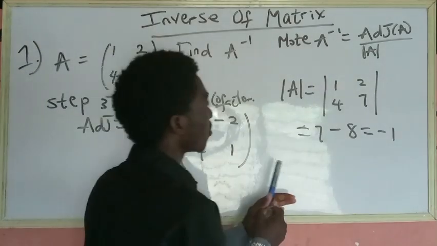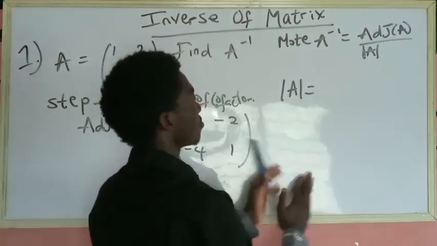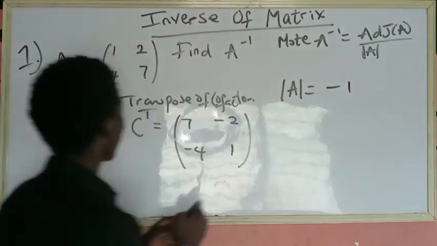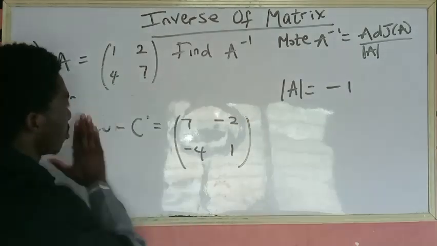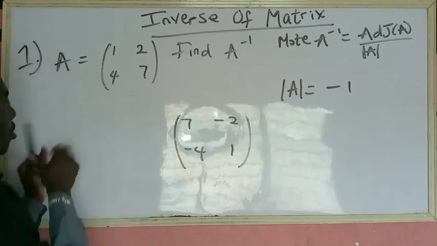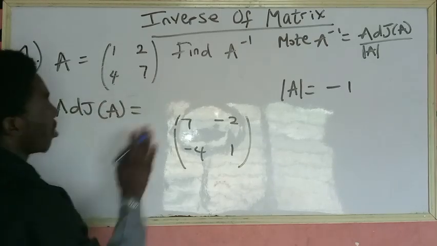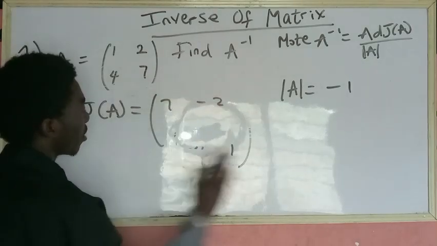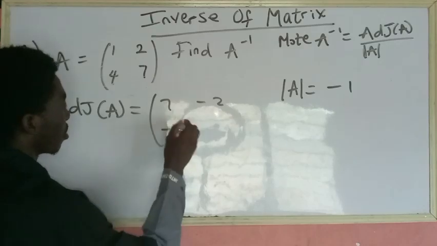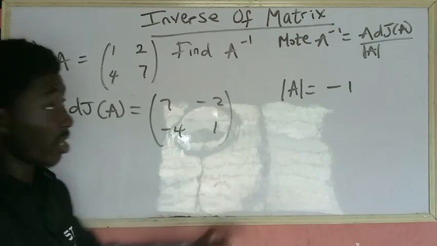Since we now know the determinant is minus 1, and the adjoint of A is 7 minus 2 minus 4 and 1.